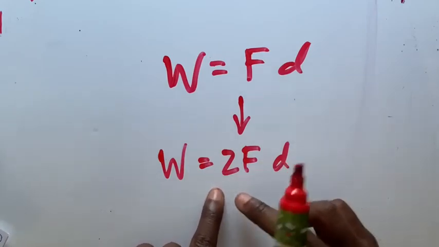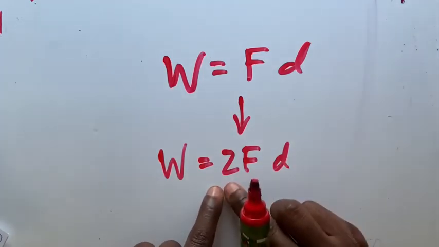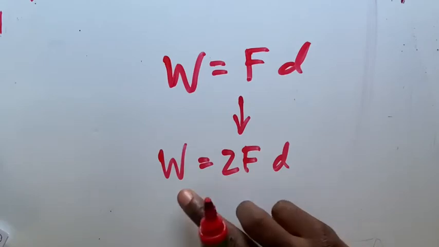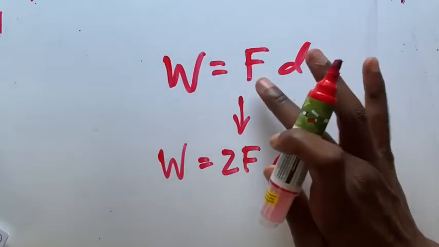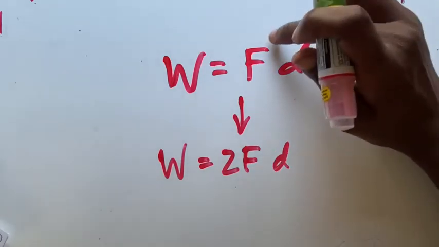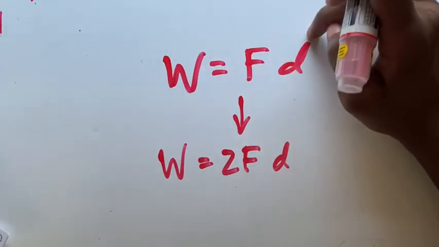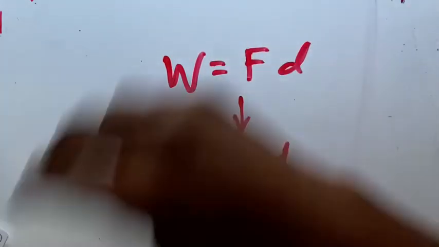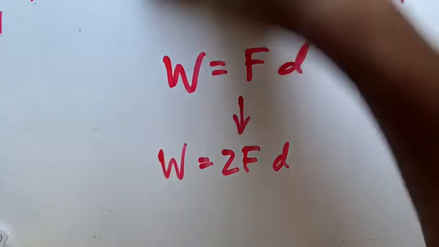Because all we did, if we look at these two, is multiply by 2. So you do twice as much work if you do twice the force. And same thing if you push with the same force but twice the distance, then that would be twice the work. So for 11, it's going to be C.